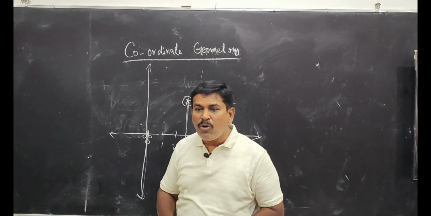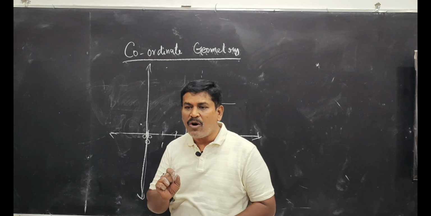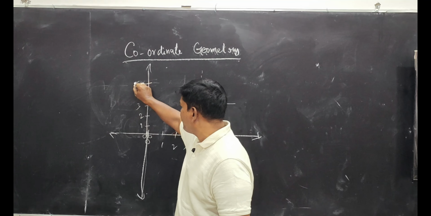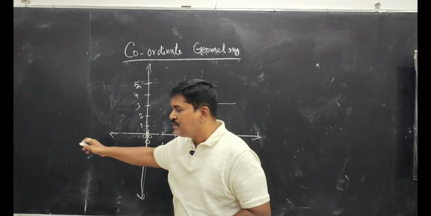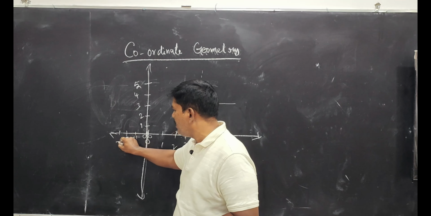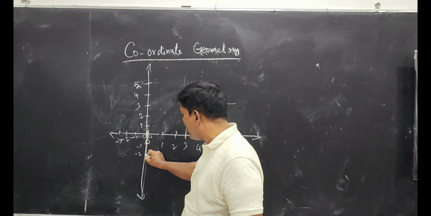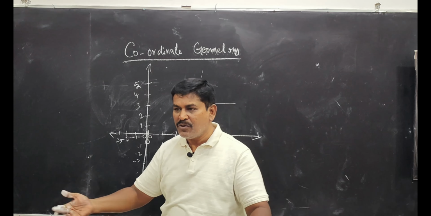This is called the point of intersection. He made this a positive number system at 3, 4 and 5, and he imagined this side as the negative integers: -1, -2, -3 and so on, up to infinity.